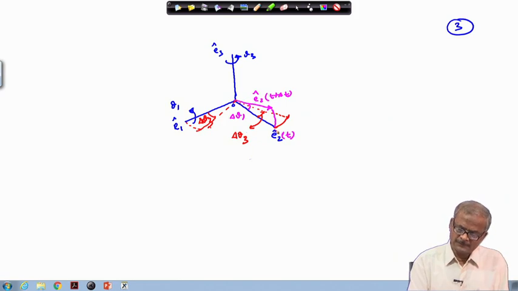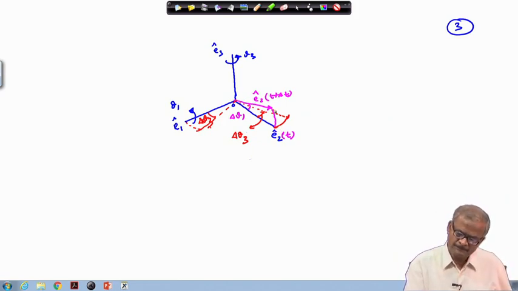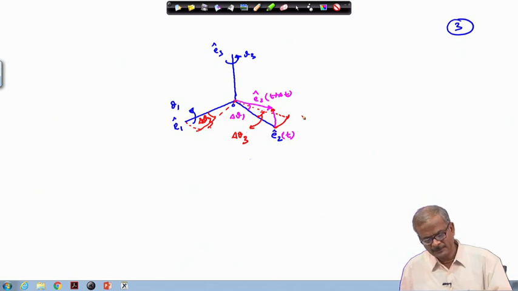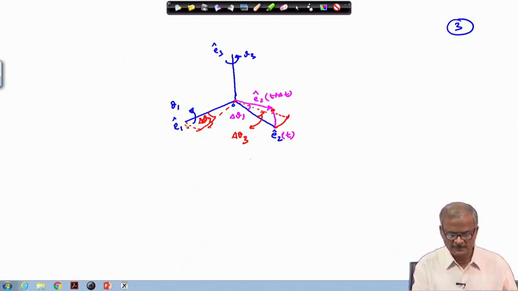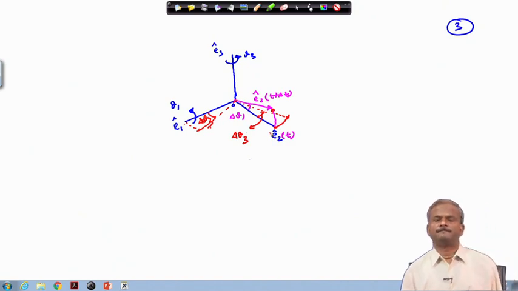The changes that take place are because of the E 2 rotating, because of the rotation about this E 1 axis, and also about the E 2 axis.